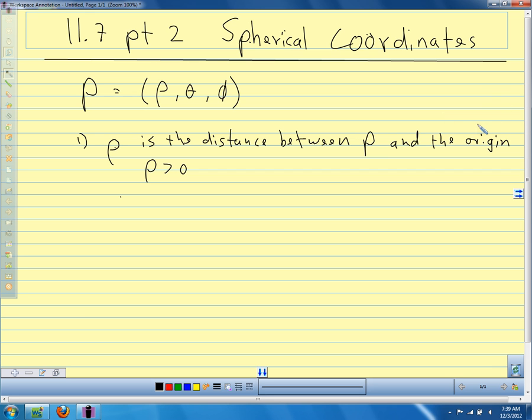So rho is greater than 0. So unlike polar coordinates where we can have a negative radius, rho is always greater than 0. Our second angle, theta, is the same angle that we used in polar coordinates and cylindrical coordinates.